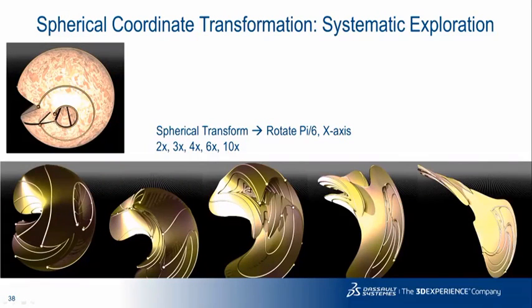And, of course, you can do this same sort of systematic exploration of the space. If you take the spherical transform and follow it by a rotation by pi/6 along the x-axis, if you apply that 2 times, you come to the lower left image. 3 times, 4 times, 6 times, and 10 times, you get to some fairly distorted and kind of difficult to visualize final geometries here, but kind of interesting and at least to my mind, very sort of organic, right?